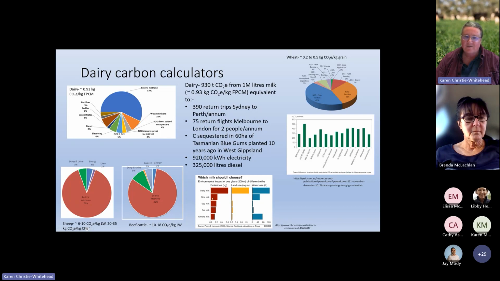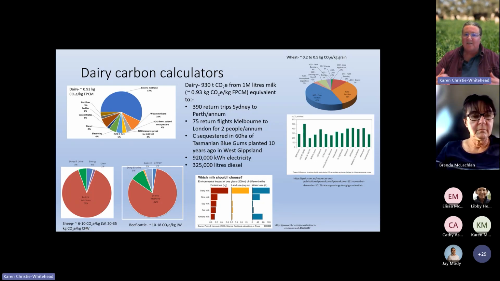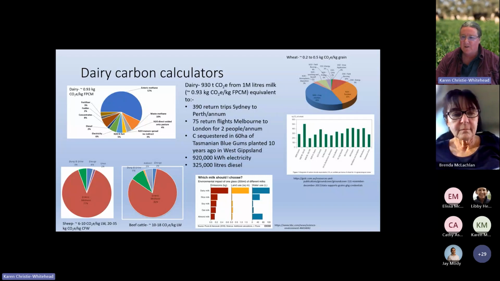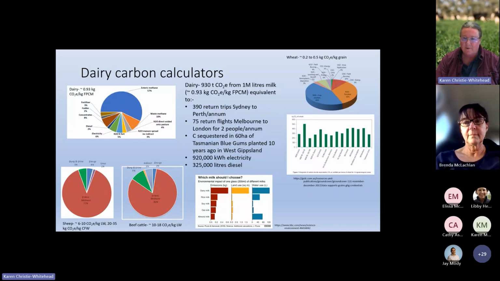These other sources of milk, and I'm not bagging them, people sometimes have to drink other sources of milk for a range of reasons, but the nutritional density of dairy milk is much more than those other milk sources that sometimes have to add vitamins and minerals in to be even comparable to dairy-derived milk.